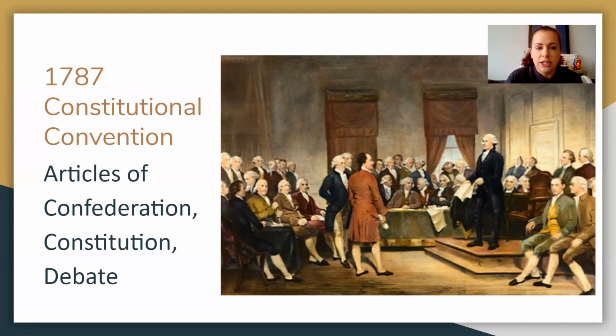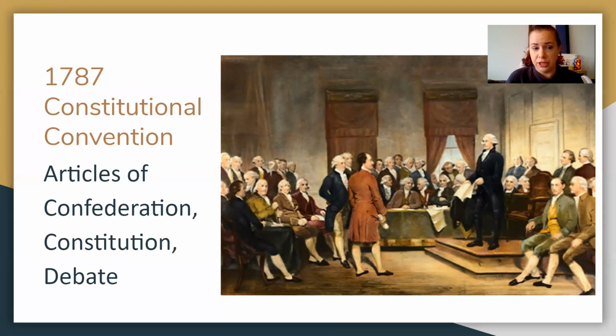And the Articles of Confederation has a very weak federal power. It does not allow for an executive body in the federal government, so there is no president. And because there is no true central power, the United States does not have the ability to tax or raise armies, which is very, very problematic, especially when we end up in Shays' Rebellion.